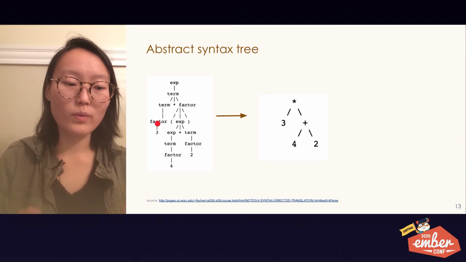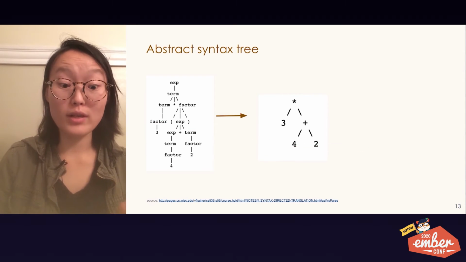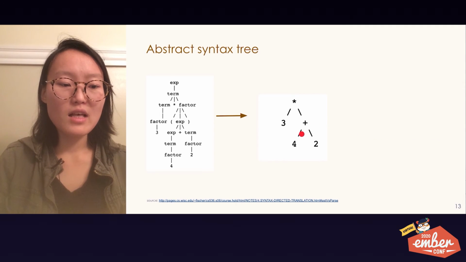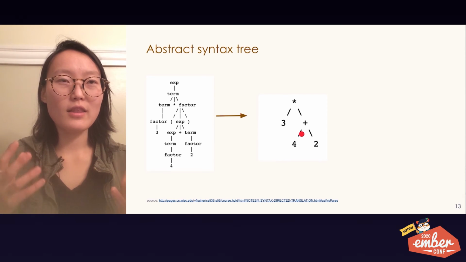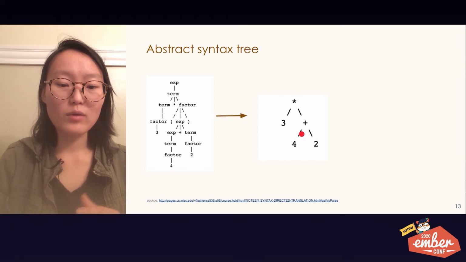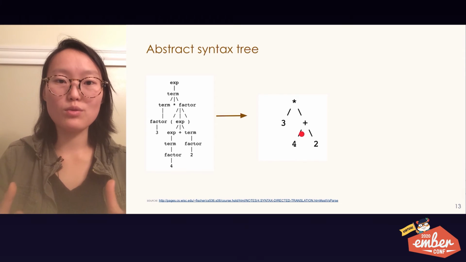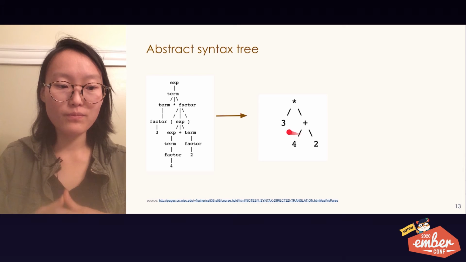And that's where we get to this new tree, which is the abstract syntax tree. The way I think about it is that the abstract syntax tree is how I would actually think about it in my head. And I would think about the tree on the left as a way to reproduce the original format.